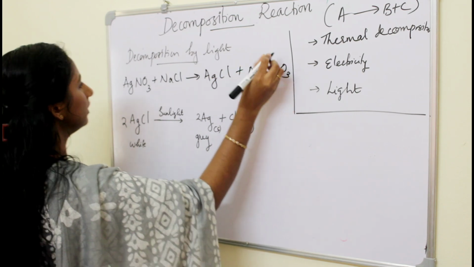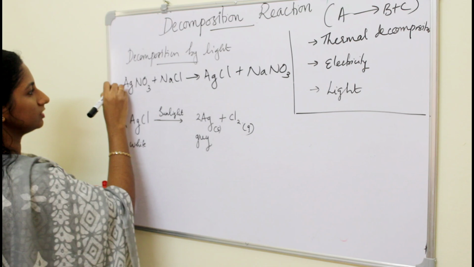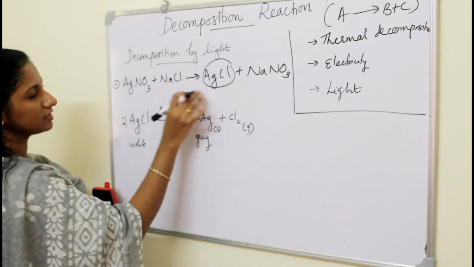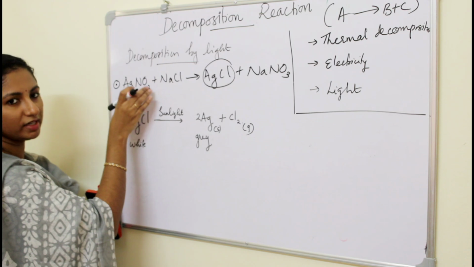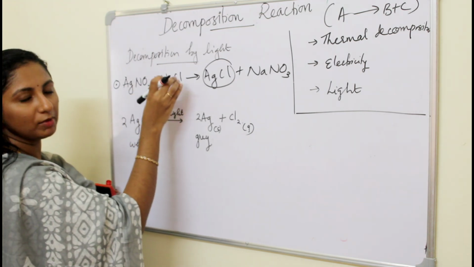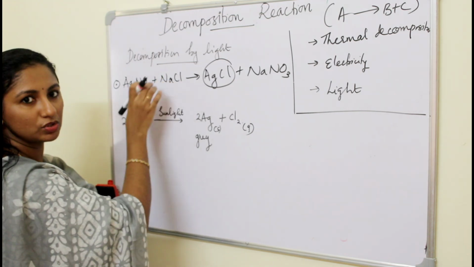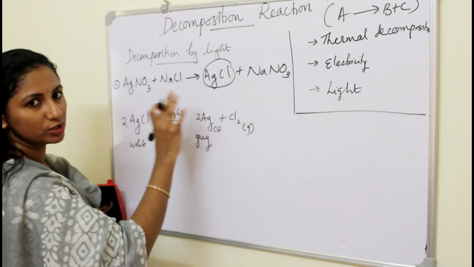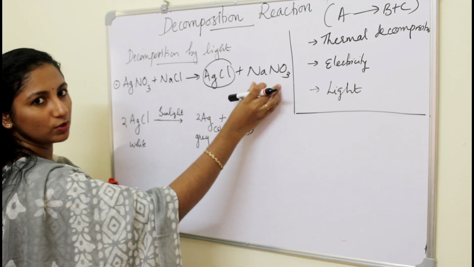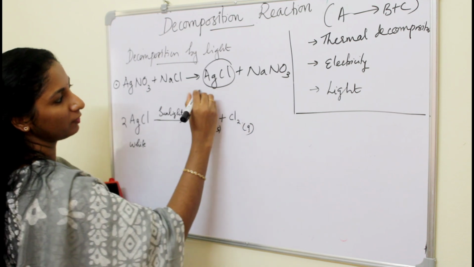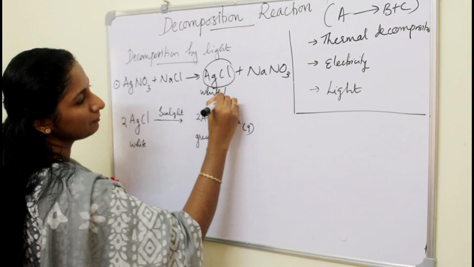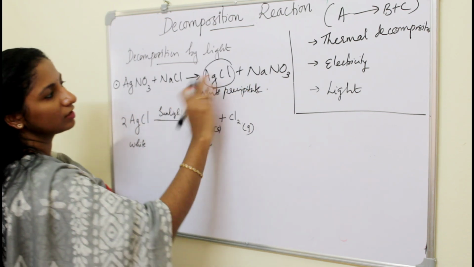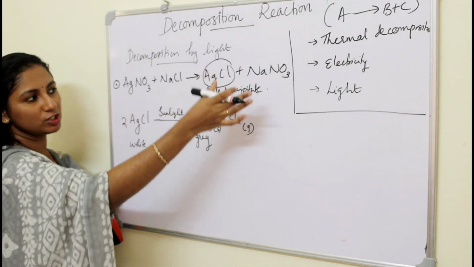Okay, by this reaction only we will get silver chloride, and in this reaction actually we are taking silver nitrate solution and sodium chloride solution. By mixing these 2 solutions, we are getting a precipitate along with a clear solution. That clear solution is actually sodium nitrate, and that precipitate is a white precipitate, and we are separating this precipitate from the solution.